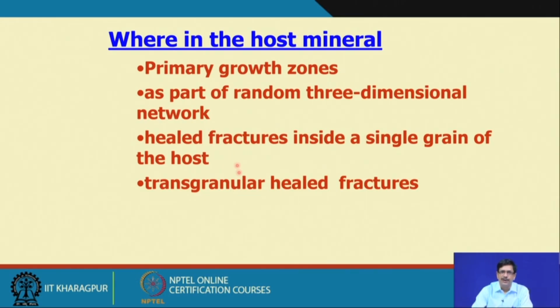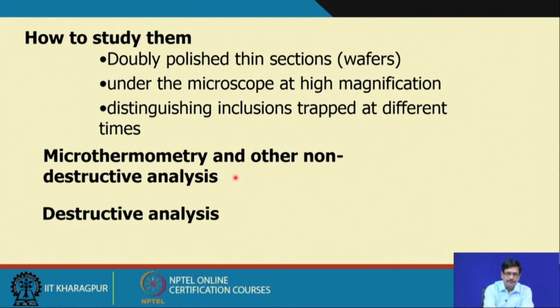There we use the word pseudo secondary. Otherwise, the broad classification of the inclusions into primary and secondary has a connotation of time, that the primary inclusions formed during the growth or during the formation of the host mineral, and the secondary inclusions formed any time afterwards.